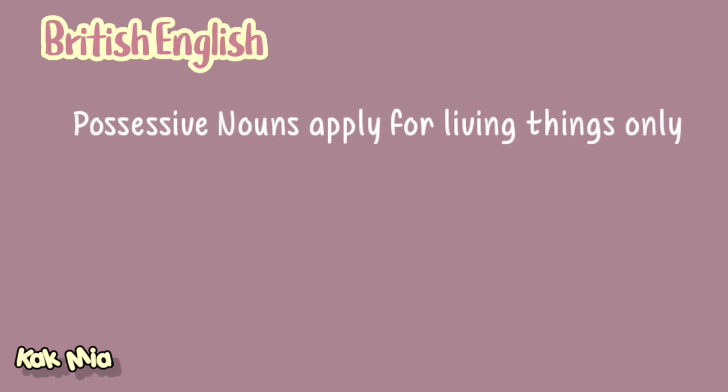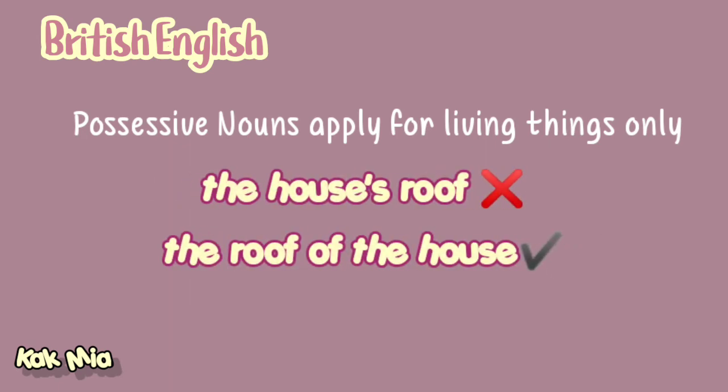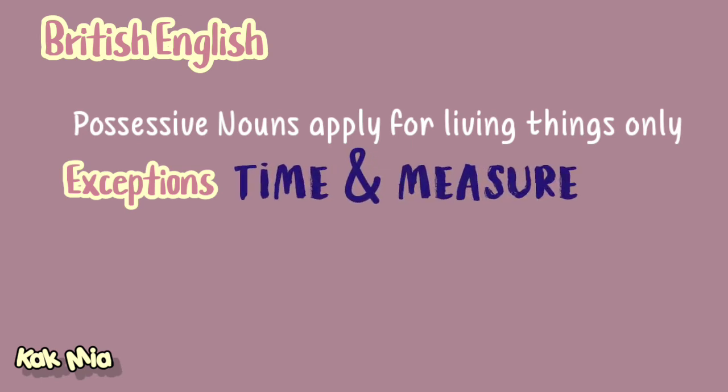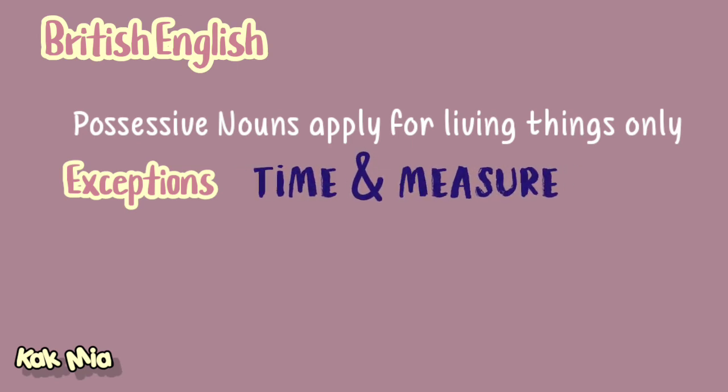In British English, the possessive nouns apply for living things only. So, instead of saying the house's roof, we say the roof of the house. However, there are some exceptions to this rule, especially when the nouns show time and measure.